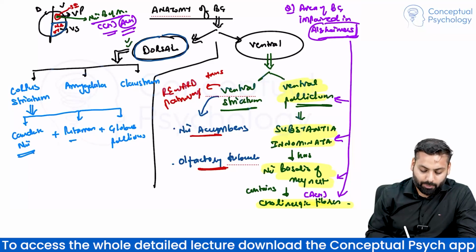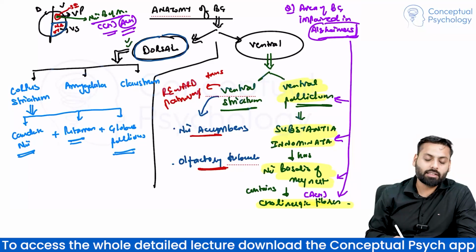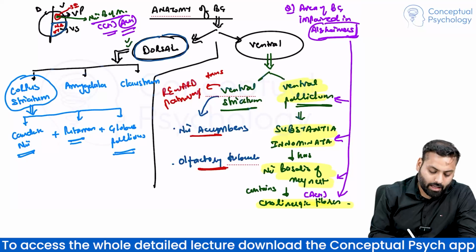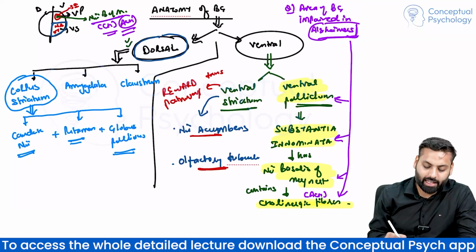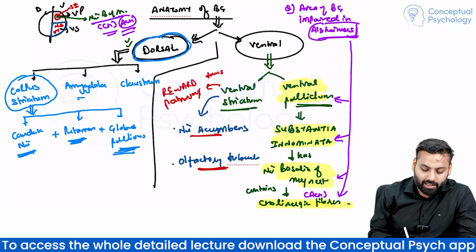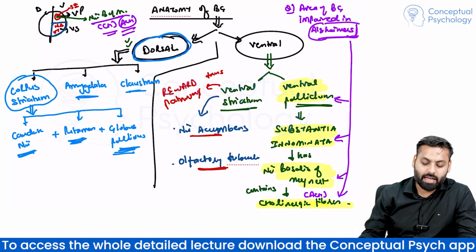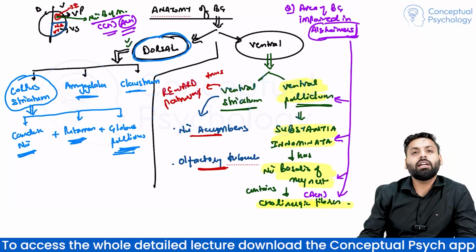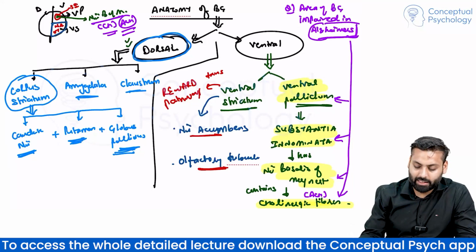Caudate nucleus plus putamen plus globus pallidus form corpus striatum. Corpus striatum plus amygdala plus claustrum form the dorsal basal ganglia. So if they ask, caudate nucleus plus putamen plus globus pallidus plus amygdala plus claustrum, these are the 5 components of the dorsal basal ganglia.